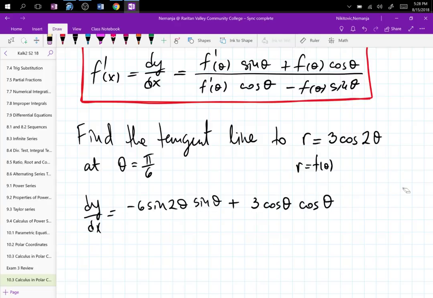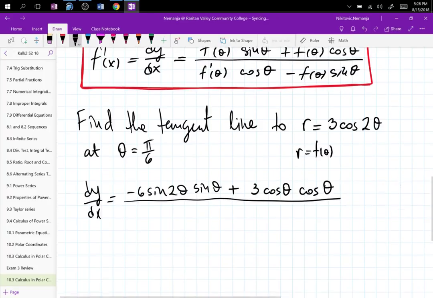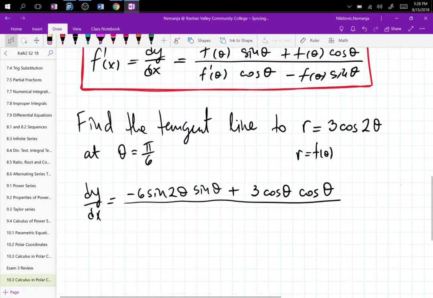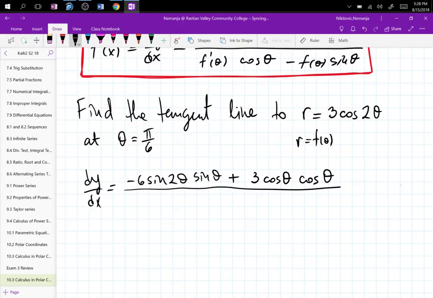Then the bottom, f prime of theta again, which is negative 6 sine 2 theta times cosine theta this time, minus 3 cosine 2 theta sine theta.